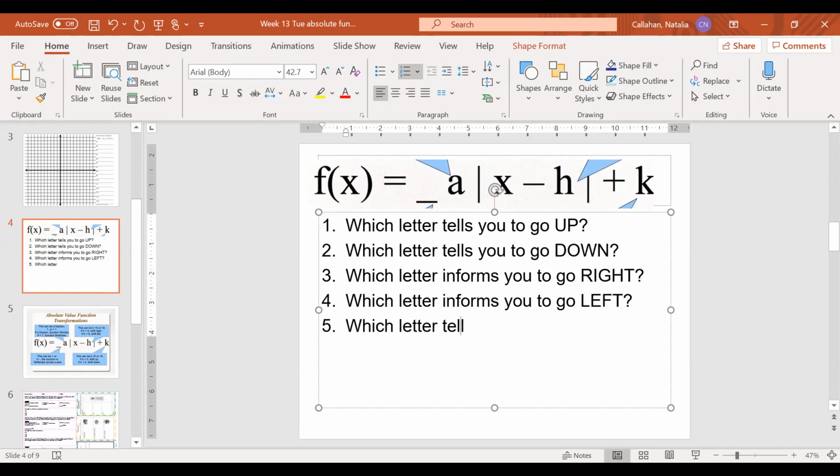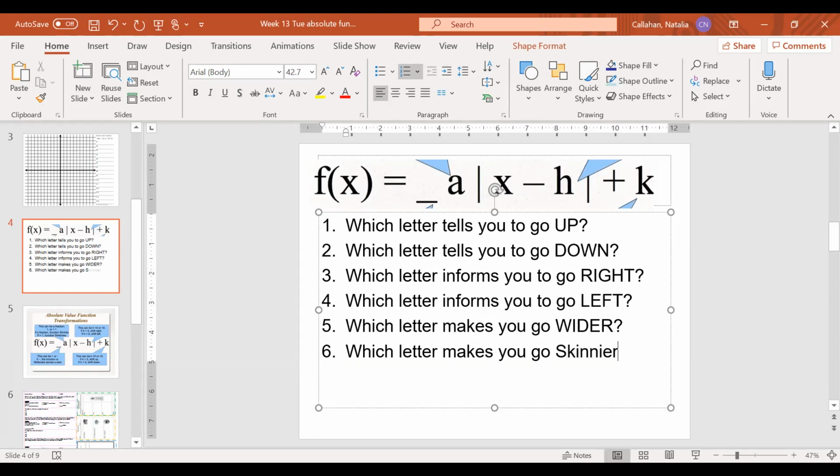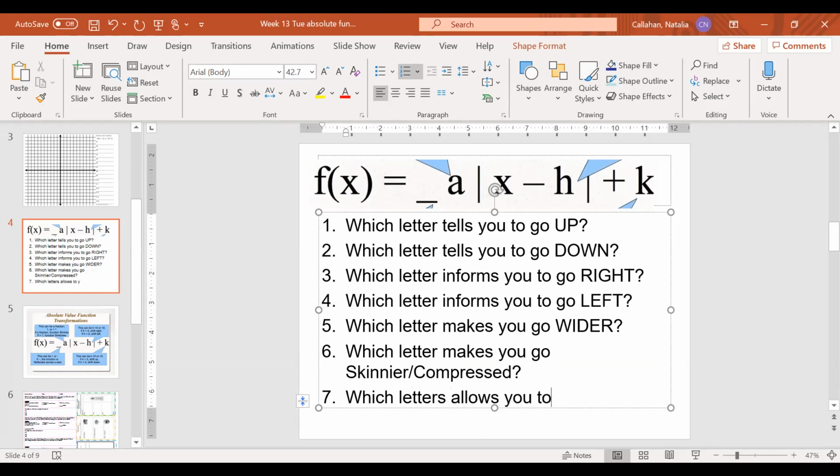Which letter makes you go wider? Which letter makes you go skinnier, or I guess compressed? And then which letter allows you to go upside down?